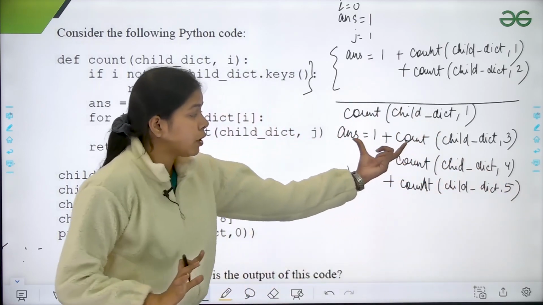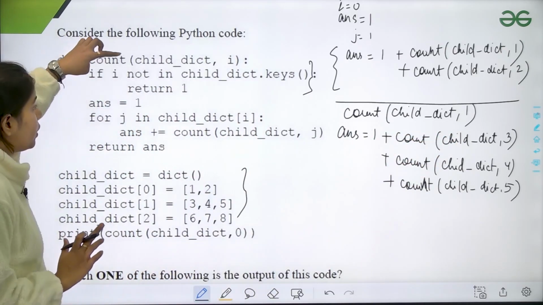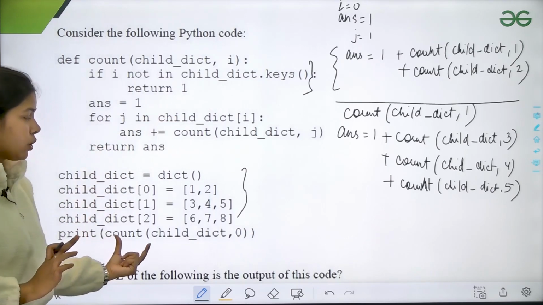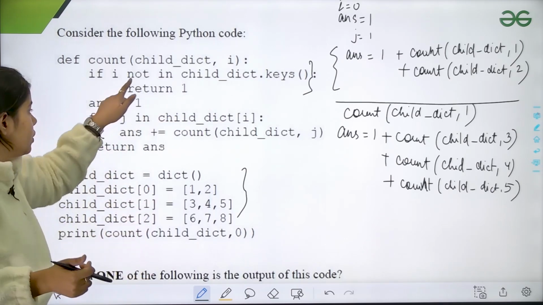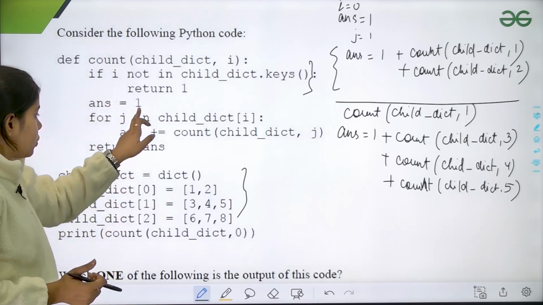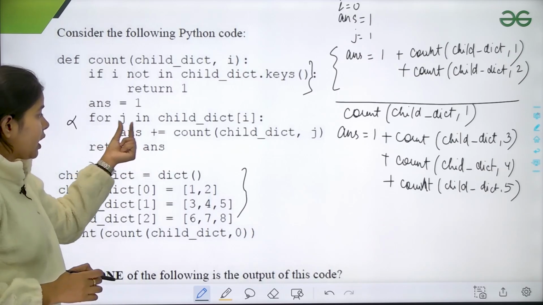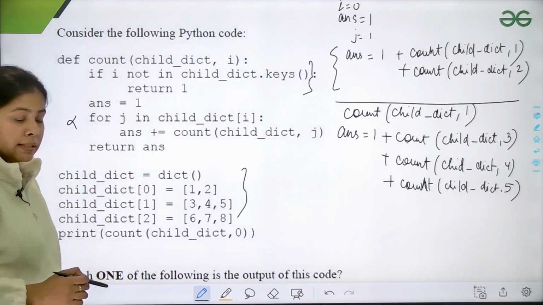Now I have to run for count child dict 3. If I run count child dict 3, so 3 is not in child dict dot keys. You can see that we have only keys 0 1 2, so that means it would return 1. So it would not run the for j in child dict I part, because 3 is not in keys, right?